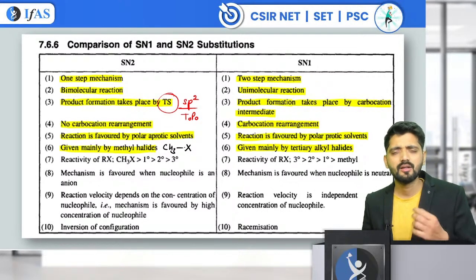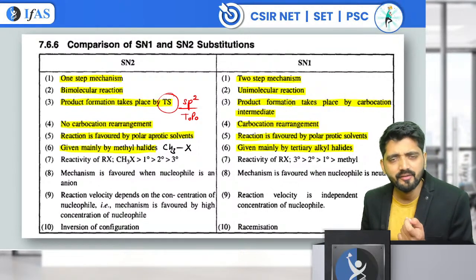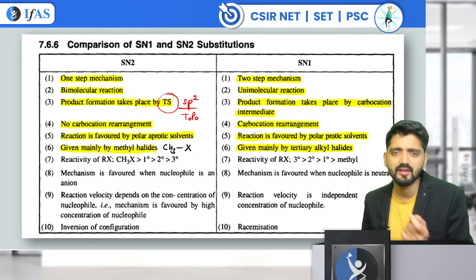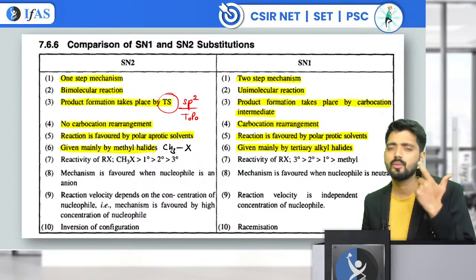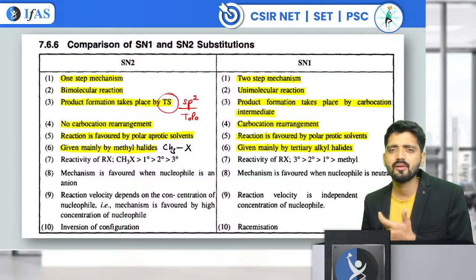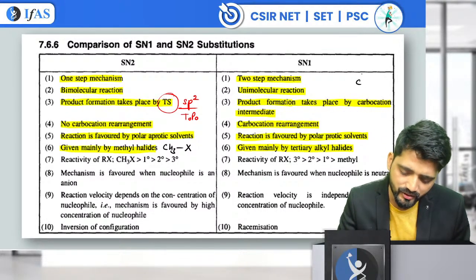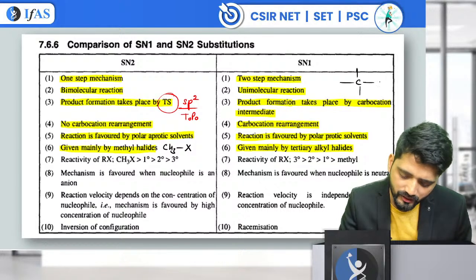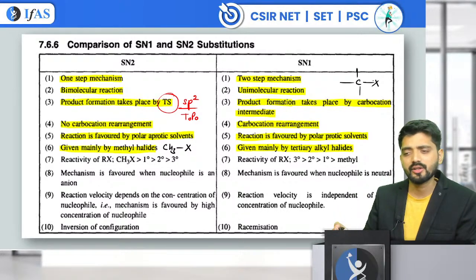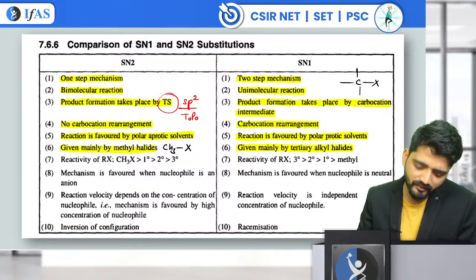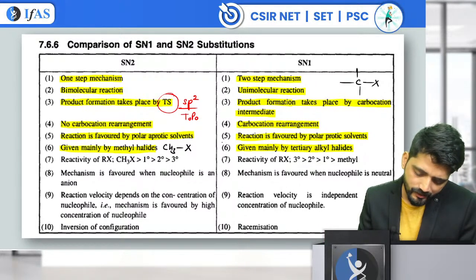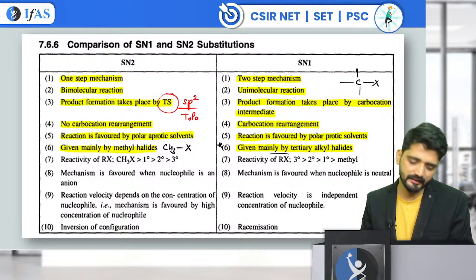Of course, because hindrance is the governing factor and hindrance is very less in the case of methyl halide, so it gives a very fast SN2 rate. Whereas for an SN1 reaction, a tertiary alkyl halide will generate a 3-degree carbocation which will be very stable. That's the reason point number 6 says it is mainly given by tertiary alkyl halide.